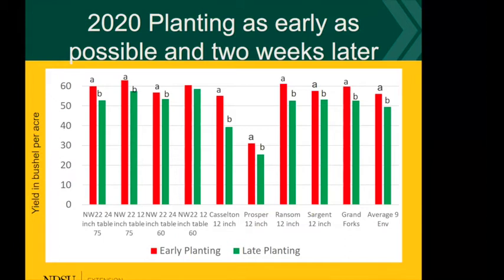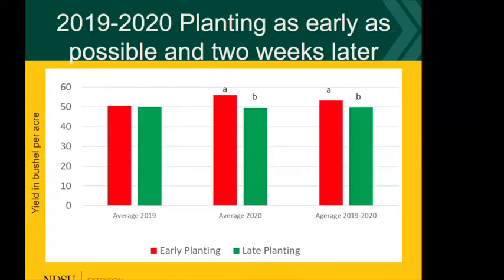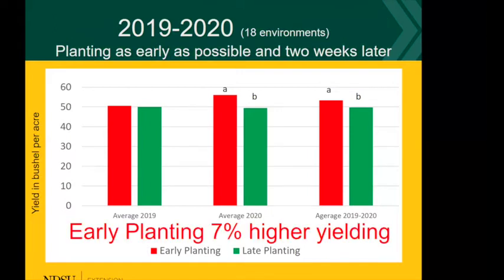We need to use measurements such as soil temperature and the forecast. Then combining the data from early planting to late planting over all those 18 environments, we see that early planting had an A versus late planting B, and that resulted in a 7% higher yield due to early planting.